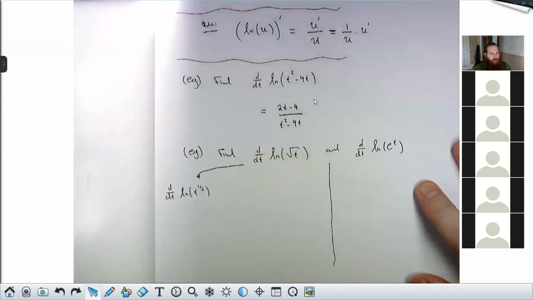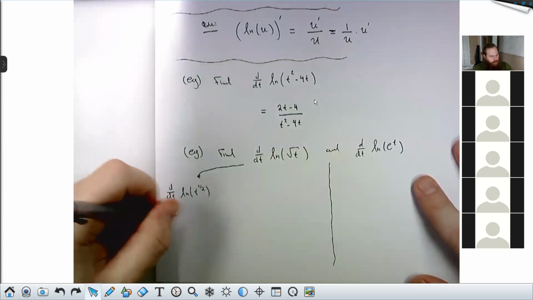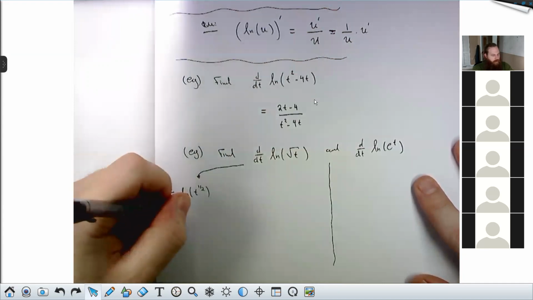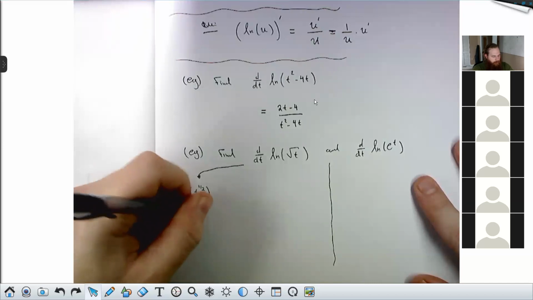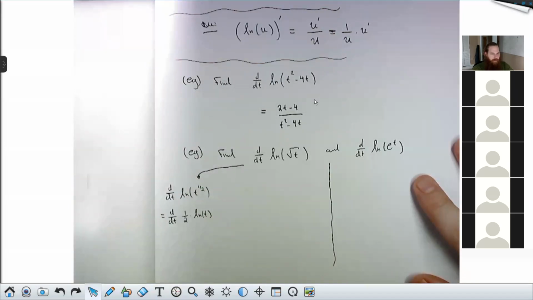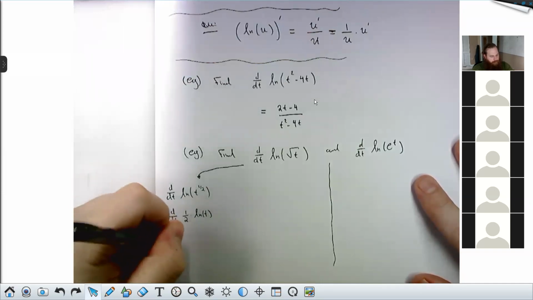If you first write this as the natural log of t to the 1/2, then you can use that rule for logarithms to bring the 1/2 down. Now that this is out front as a constant multiple, he pops out.